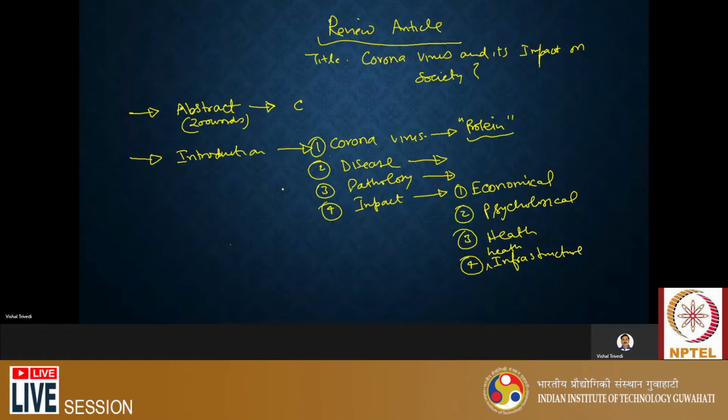Now, once you have written the introduction, then you're going to take the topics. You're going to first write the brief introduction, and then take the topic which you are going to discuss in your review article. So I will start again the same way, with the coronavirus.